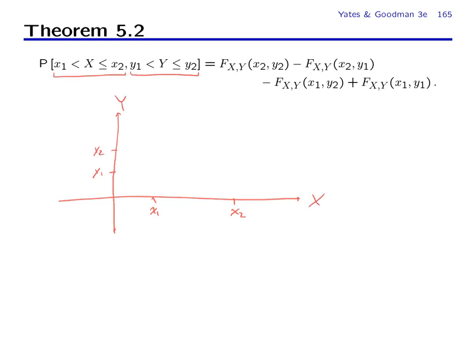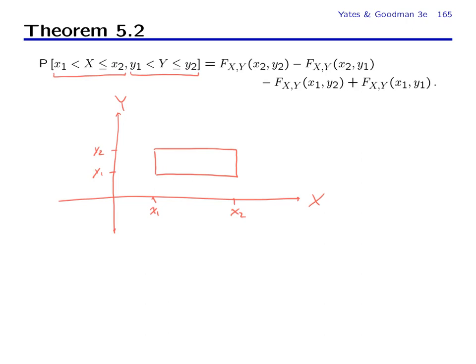We have x and y, and what we're calculating is the probability that the xy pair is in this box. You can do this calculation using the joint CDF, but it's going to be complicated.